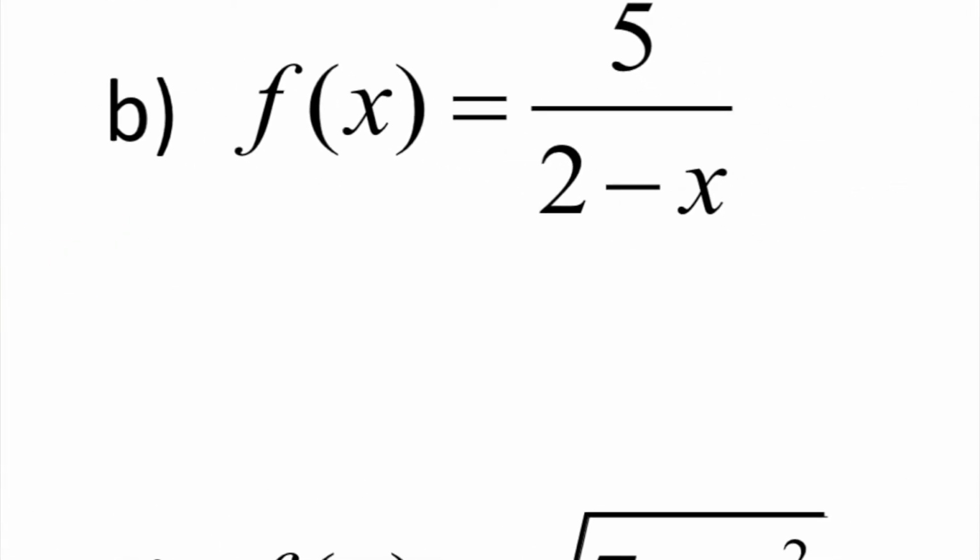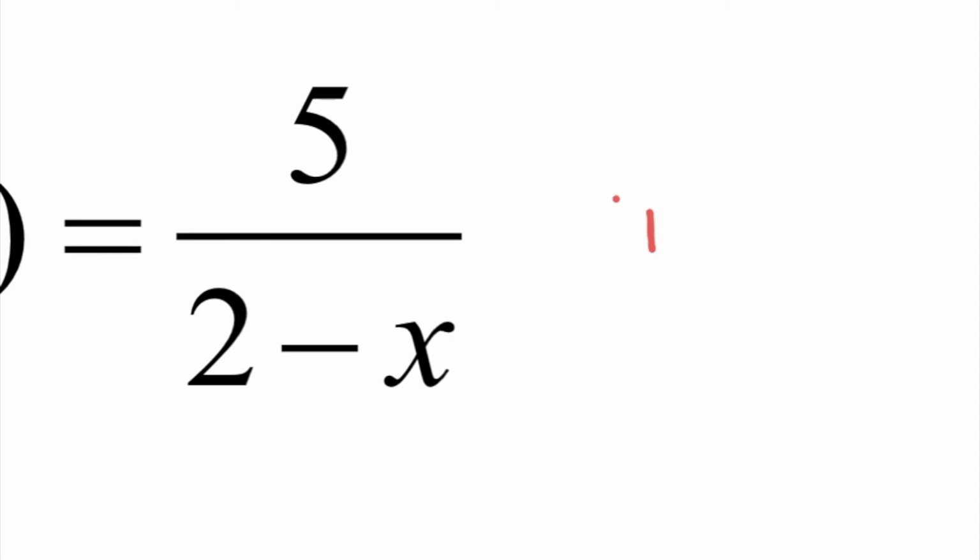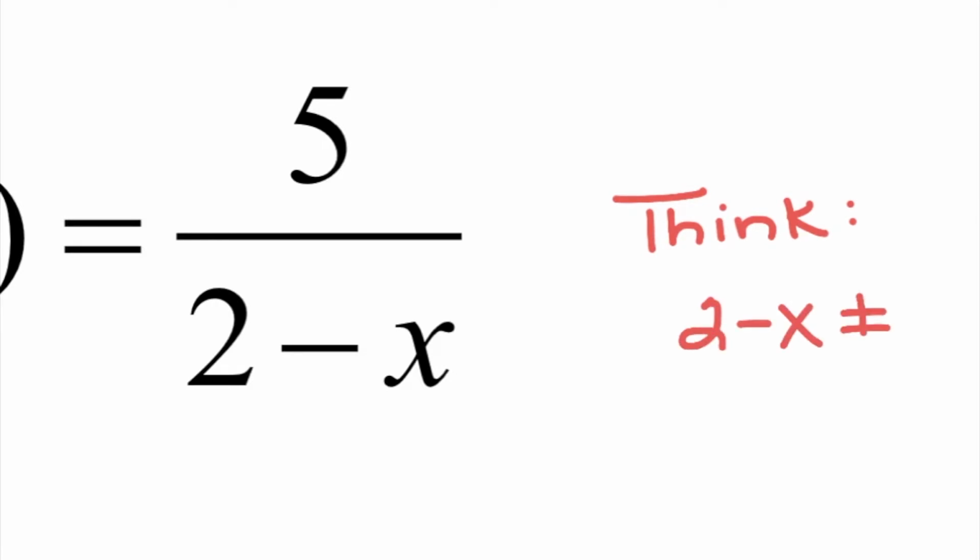For letter B, now we have an x in a denominator, and so remember that that's when I'm going to say, okay, my thinking here is that a denominator cannot be equal to 0. So I'm going to take what's in the denominator and say that cannot be equal to 0. And the only way I can make sure the denominator is not equal to 0 is if I say that x does not equal 2.